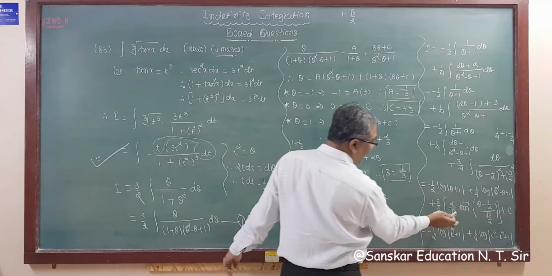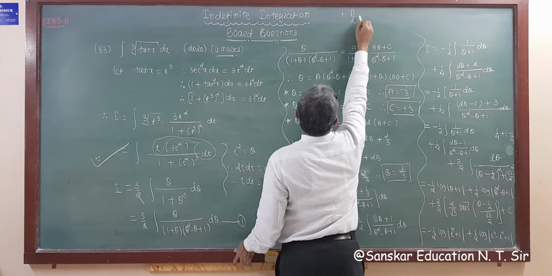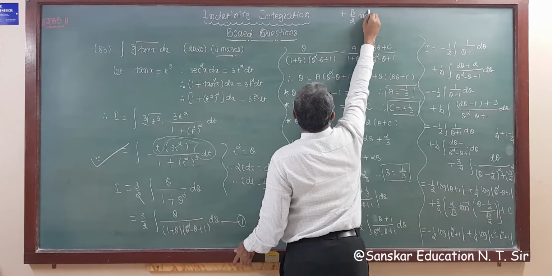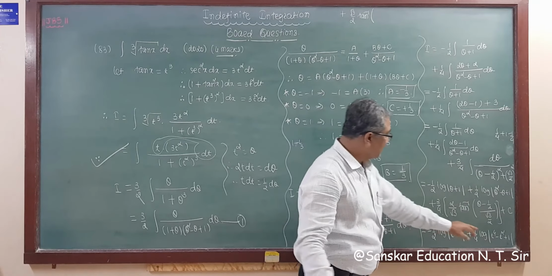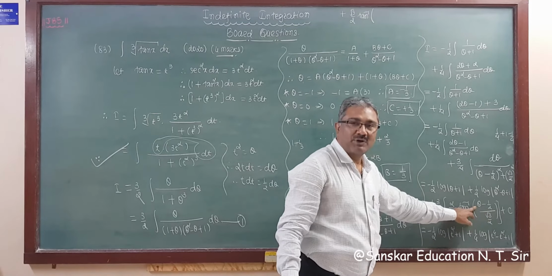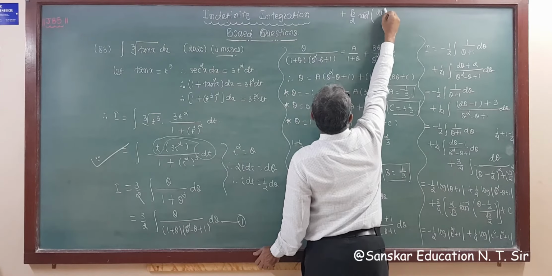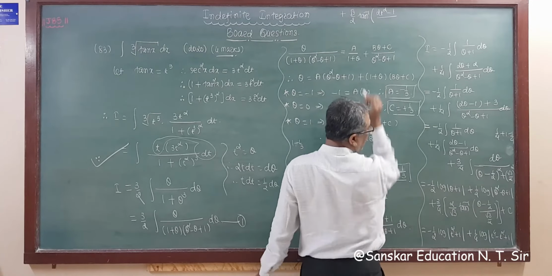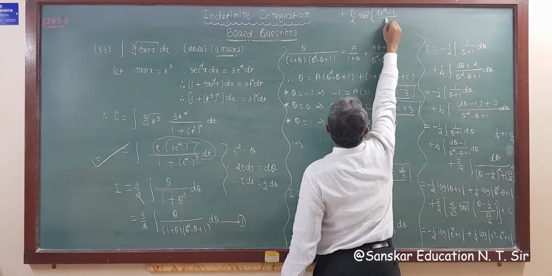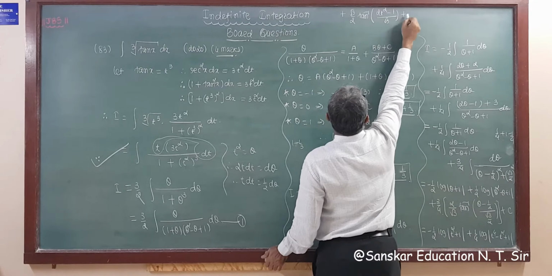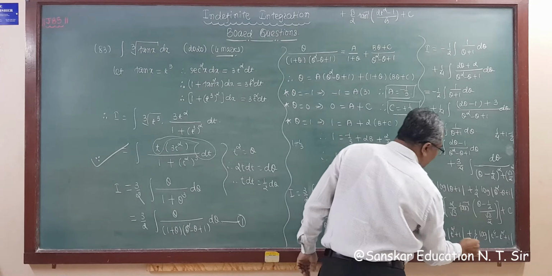Log, this is tan inverse of 2 theta. Now theta is t square, so 2t square minus 1 whole upon root 3 plus c. This is a continuous step from here.